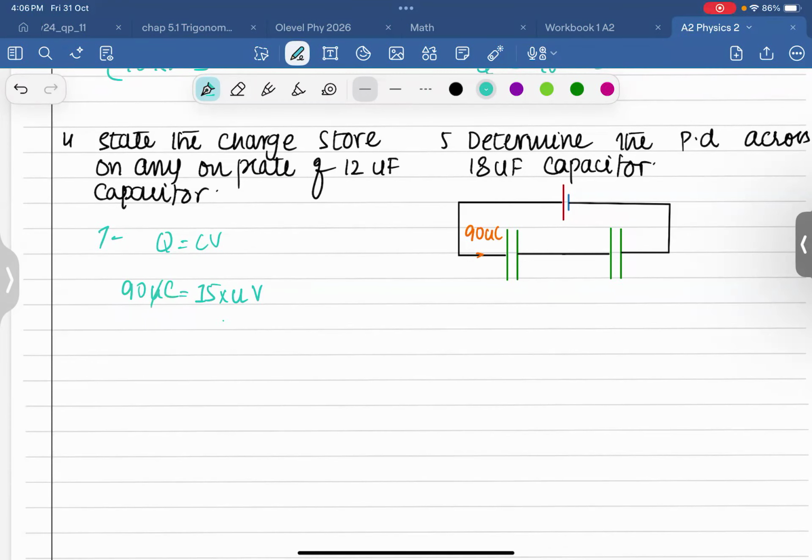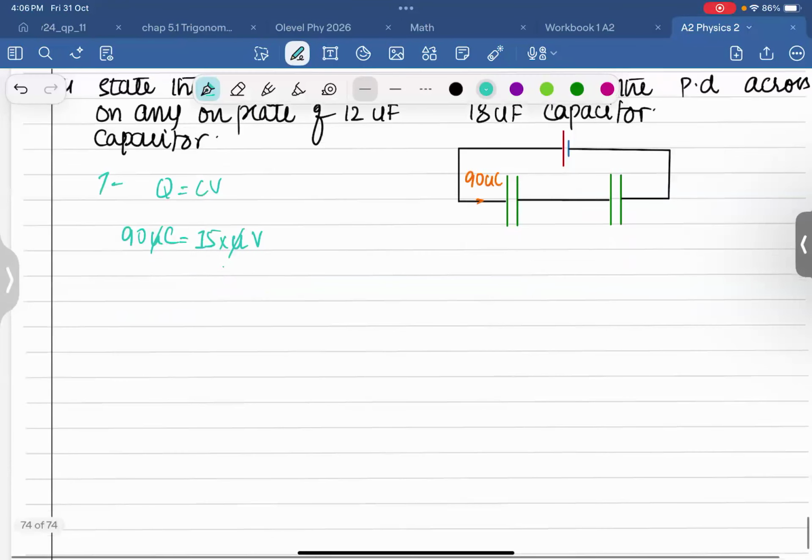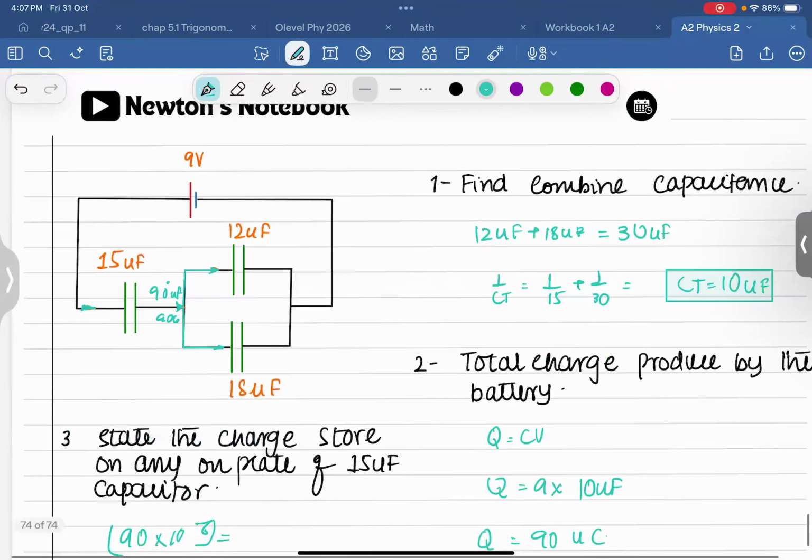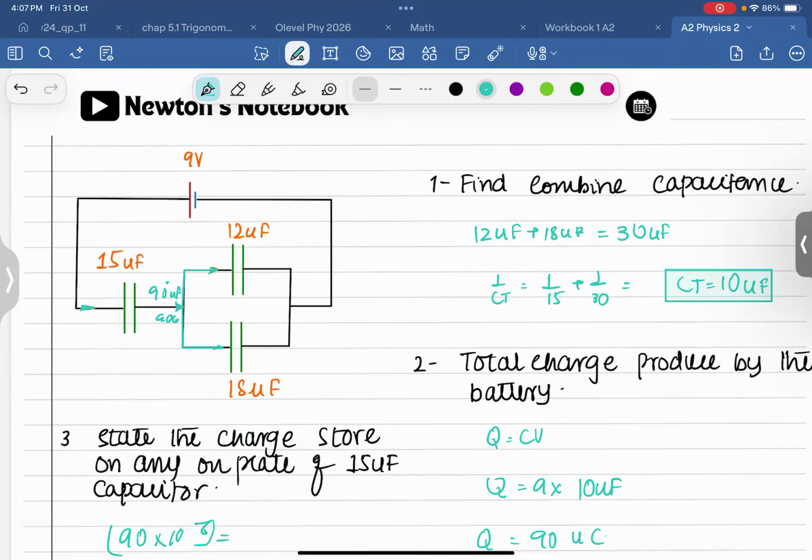These two things go off, so you'll be left with 90 divided by 15, and you'll end up getting 6. So V equals 6. This is the voltage across the 15 microfarad capacitor, right? You can also do the ratio method over here, but it would get you in trouble, so just skip it.